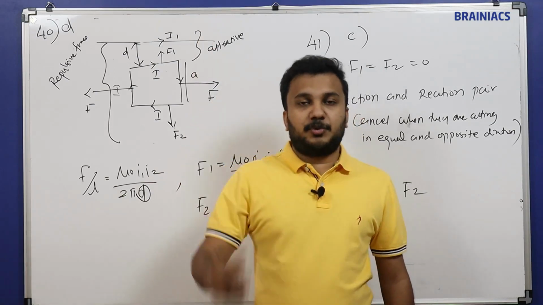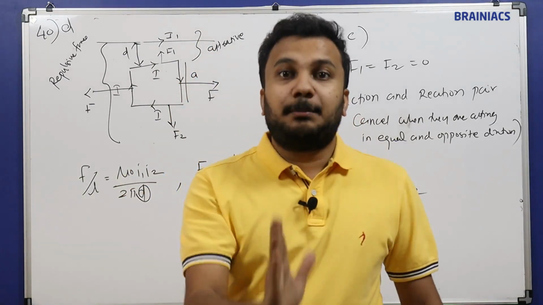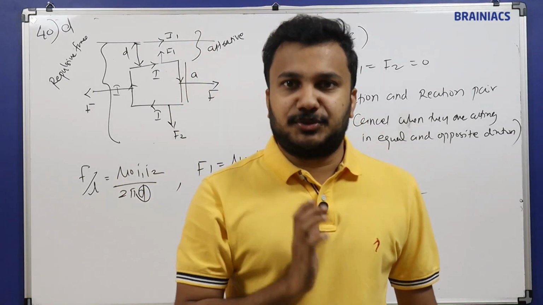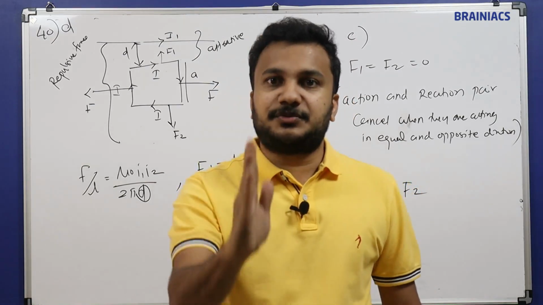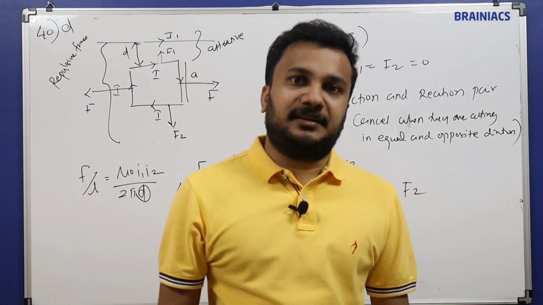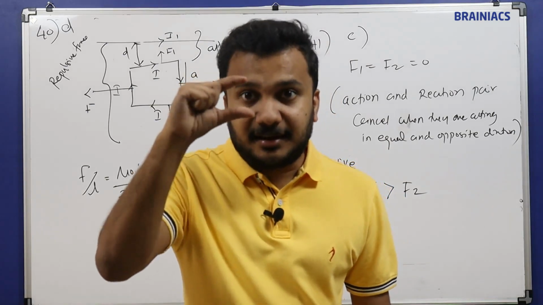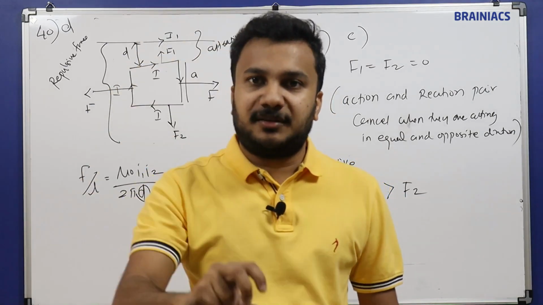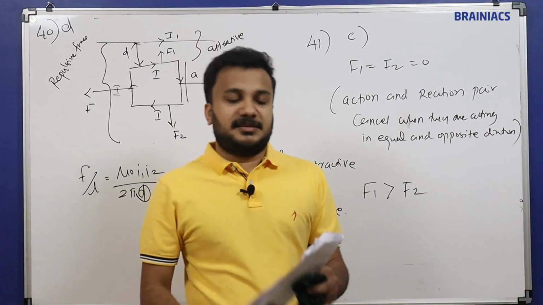One is acting on the outer body, another on the inner body, but the line of action, meaning the line along which these forces act, is the same. In that line of action, one force is up and another is down, so they cancel each other.